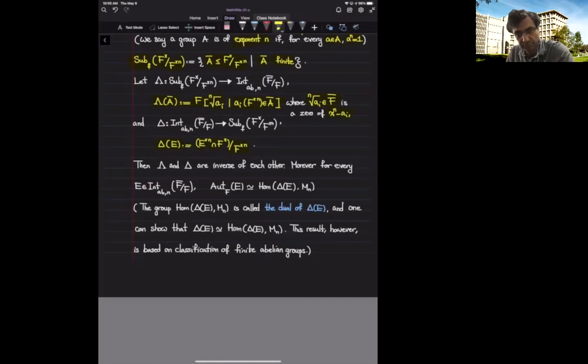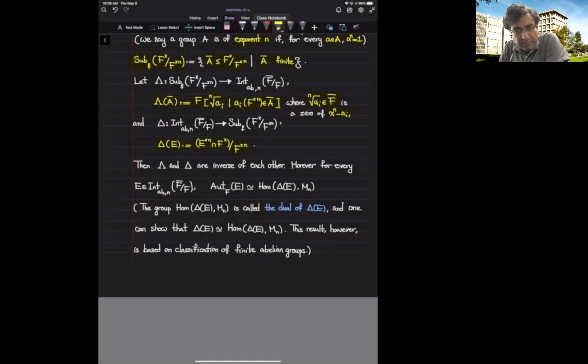Delta is identical to the previous case. Lambda is different here because there the groups were cyclic, so we had only one generator, and that was enough to add to the base field. Here I'm looking at all the elements of A bar, and then I'm looking at the nth roots of that element and adding them to the base field.